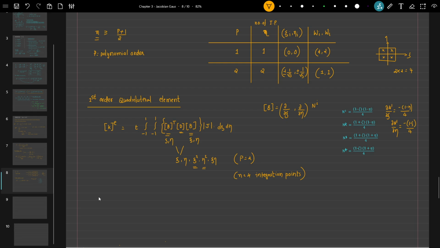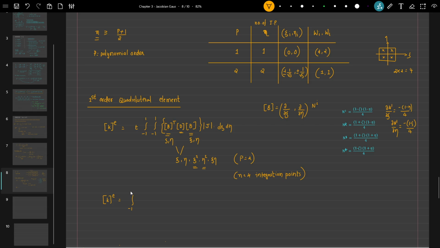So I can further write the K matrix. Let's write at a top level. We'll not write all the terms, T and J, Jacobian matrix, determinant, all these things. We want to just understand the big idea or top level idea.